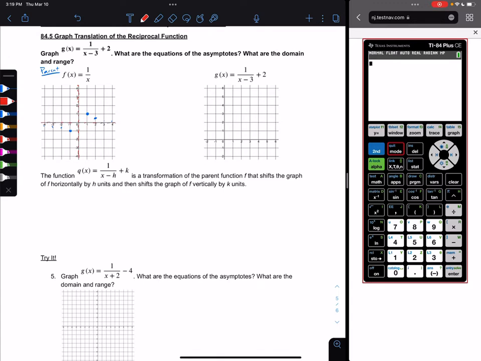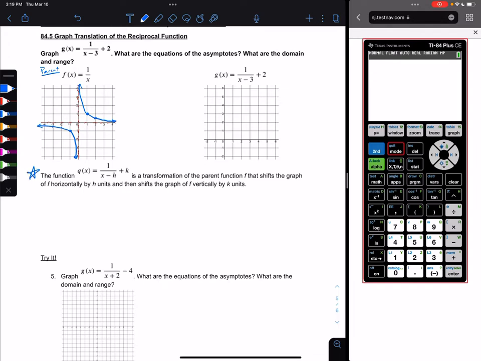So those are vertical and horizontal. And if we connect our dots, our graph looks something like this. If that's not familiar to you, just review the last video, but that is our parent function, f of x equals 1 over x. So what we're looking for is translations of this parent function.